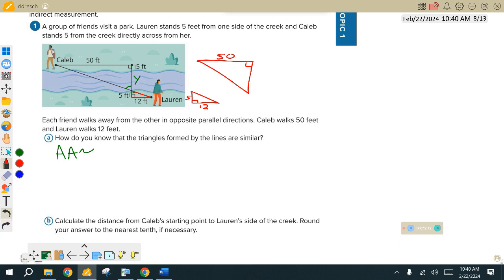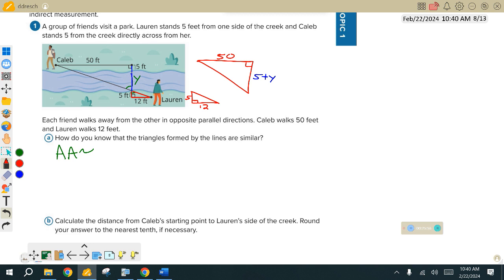Here's 5, and it's how much more? The width of the creek, right? So 5 plus, which I don't know. Maybe you said it, I couldn't hear it: 5 plus y. It's 5 plus what the width of the creek is. I don't know it. That's what I get to find. So that's where we had a bit of an issue first hour. 5 plus y.